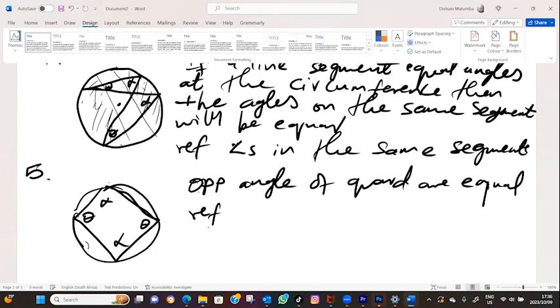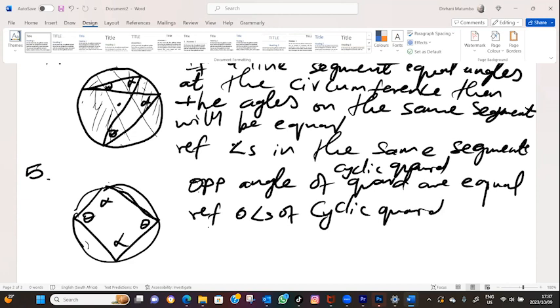Now the reference, the opposite angles of a cyclic quad. Cyclic quad is a quadrilateral within the circle. Quad, okay, sharp.